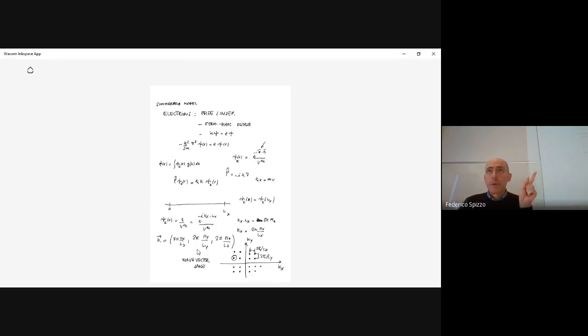So to each point in the wave vector space corresponds one wave function that can be used for two electrons, one with spin up and one with spin down. This picture is a consequence of the introduction of the Pauli exclusion principle, that tells you that you cannot observe two electrons with the same quantum numbers.